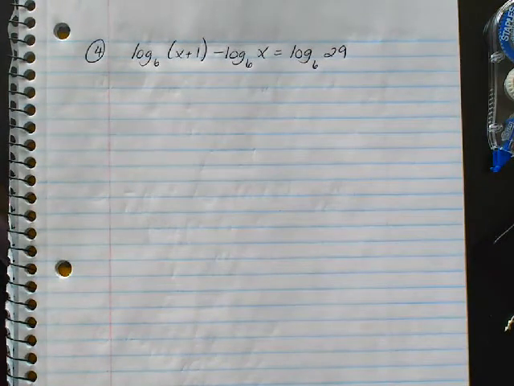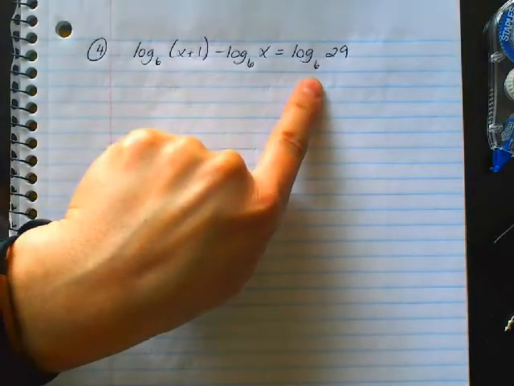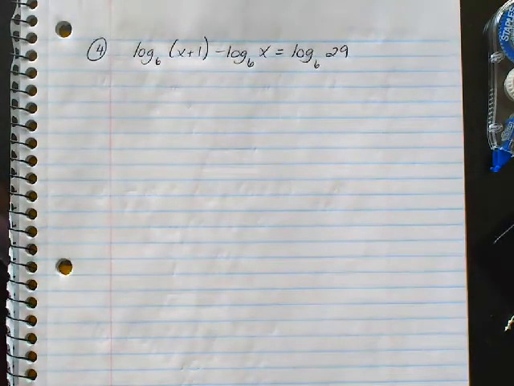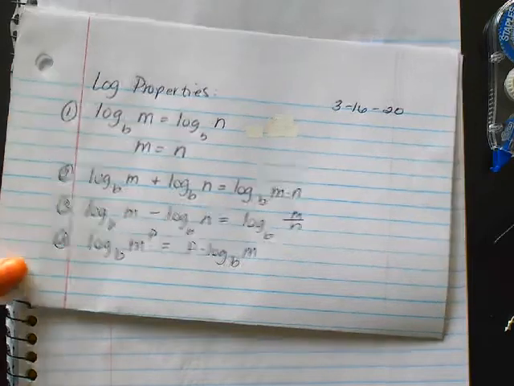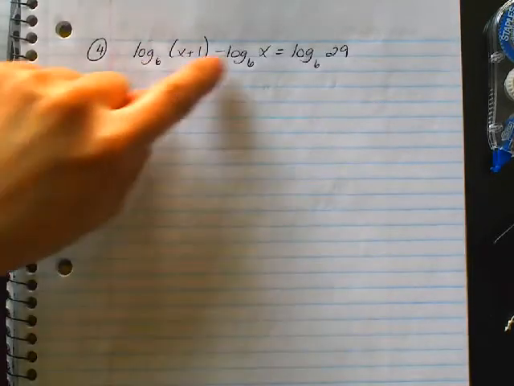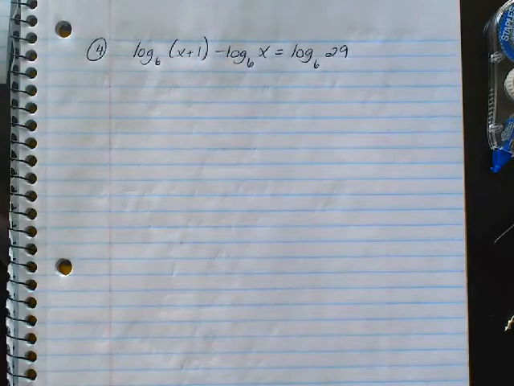Okay, first of all, confirm that your bases are the same. They are. If your bases are not the same, the log properties do not apply. They're not going to trick you. They're not going to give you a problem where the bases aren't the same, but it's a good idea to confirm that. You cannot apply the properties unless the bases are the same, so it's just a good habit to get into to confirm that they are.